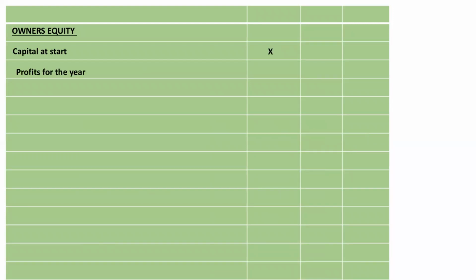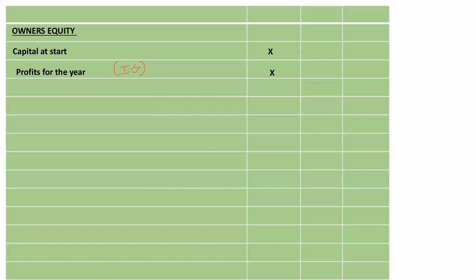In this capital, you will have the profit for the year, which you will get from the income statement. If you remember, we had already discussed that the profit for the year is very important because it is used again in the balance sheet. So here is the place where it is used.